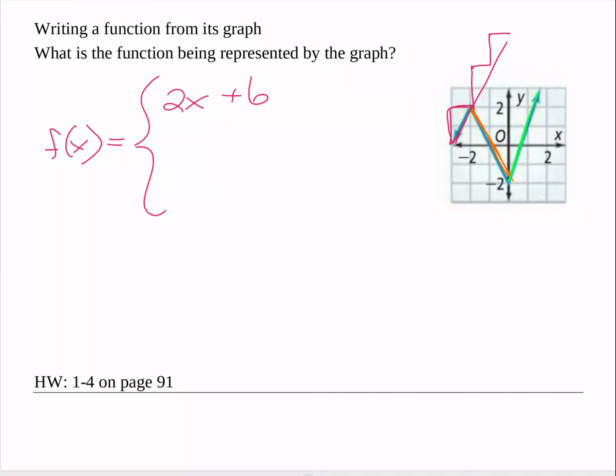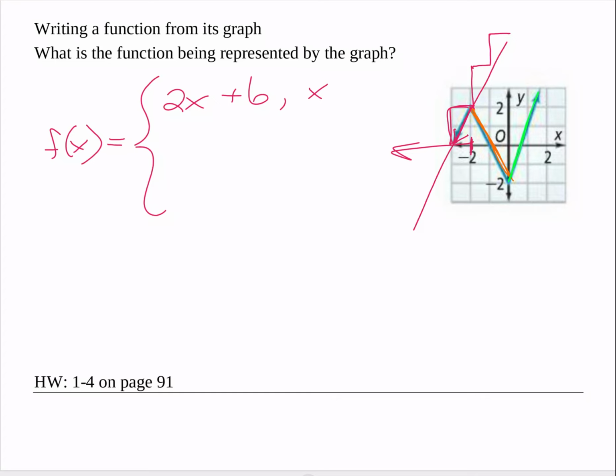Now, where is this thing alive? The arrow here tells us that this piece goes on forever in that direction. So where does it start? At -2, right here. The x-coordinate right there is -2. So we're going to say, comma, x is forever that way.